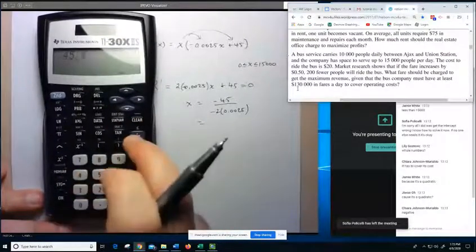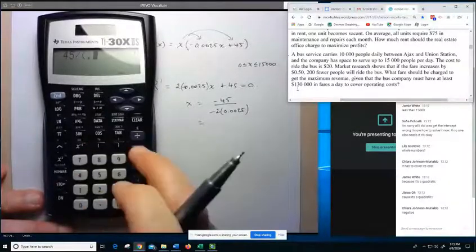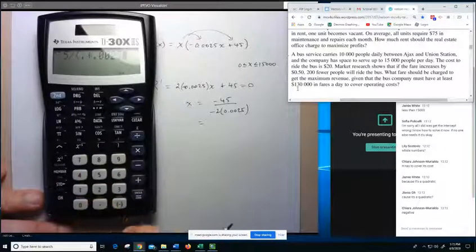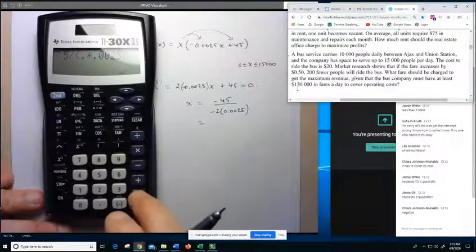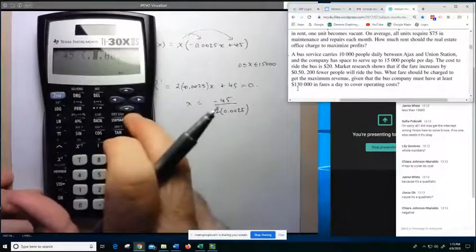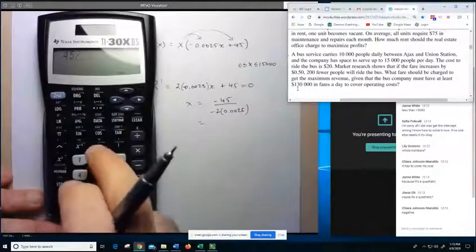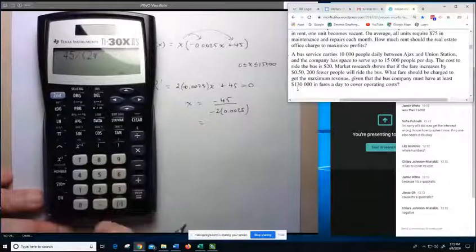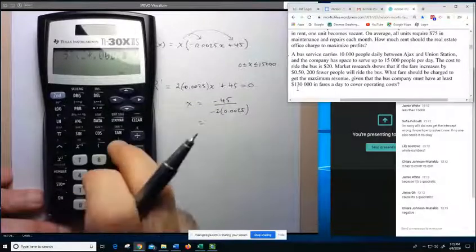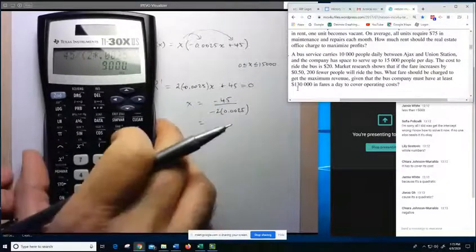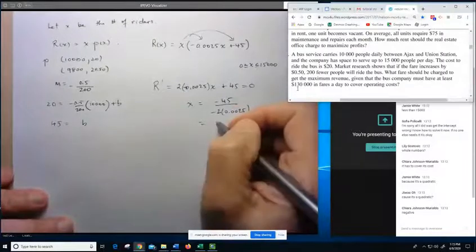So 45 divided by 2 times 0.0025. Okay. And that gives us, oh, I must have put something wrong there. Let's try again. 45 divided by 2 times 0.0025. And there you go. We got 9,000.